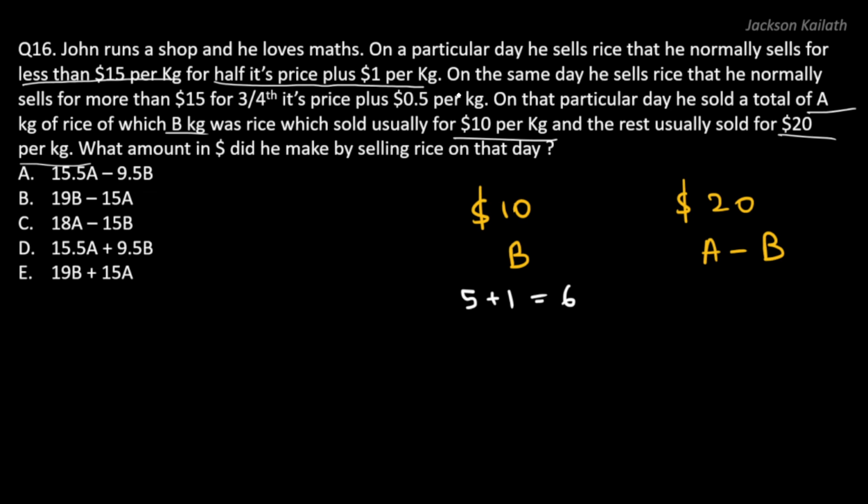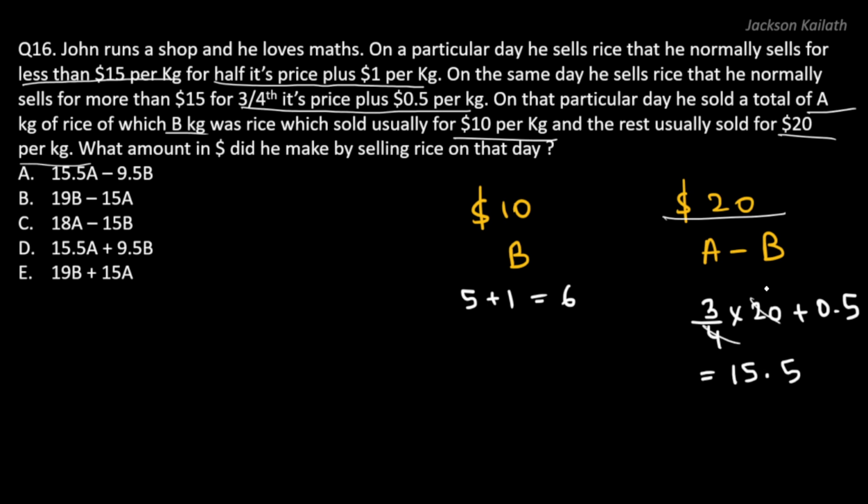And on the same day, for rice which normally sells at more than $15, which is this type over here, he sold it at 3/4 its price plus 0.5. So 3/4 into 20, that's the normal price, right? Plus 0.5. So over here, you can simplify this. You get 15, and 15 plus 0.5 gives you 15.5.